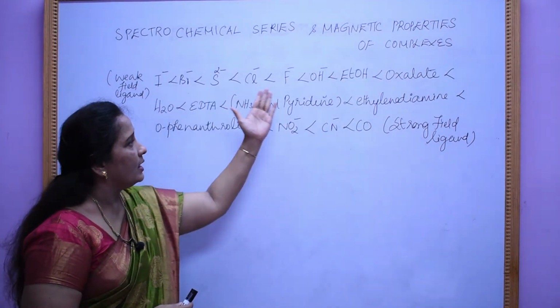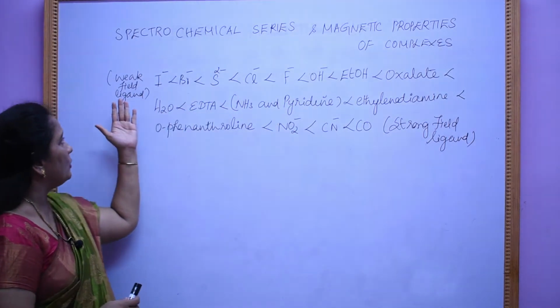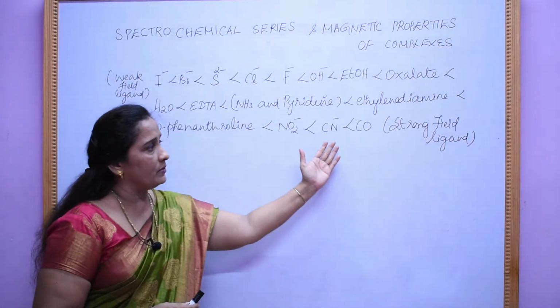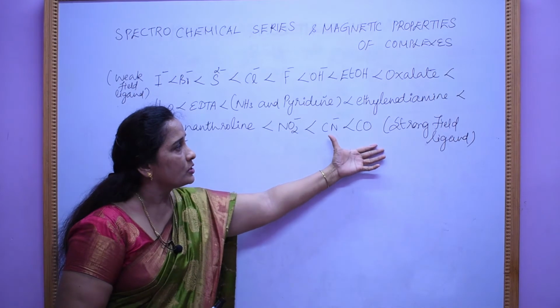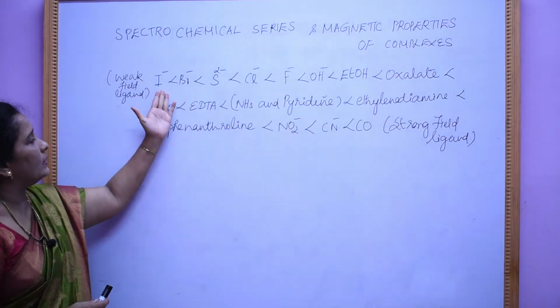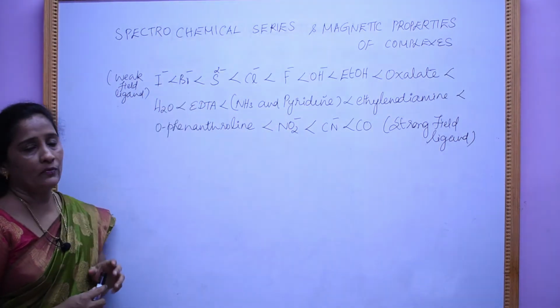Here the field strength increases in this manner. CN minus and CO are strong field ligands, and halide ions are weak field ligands.